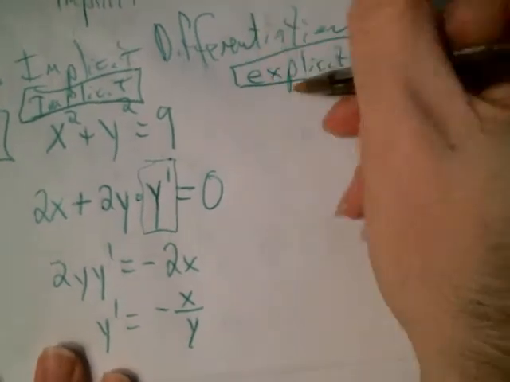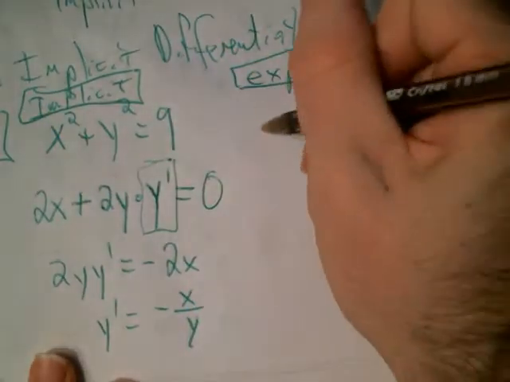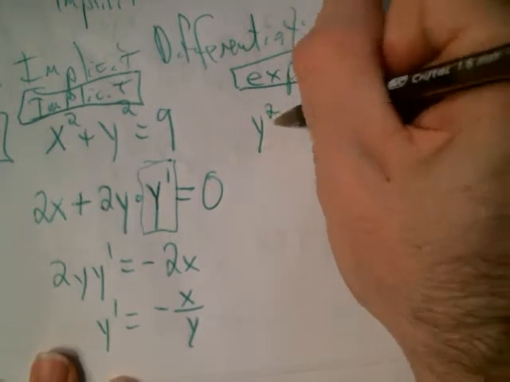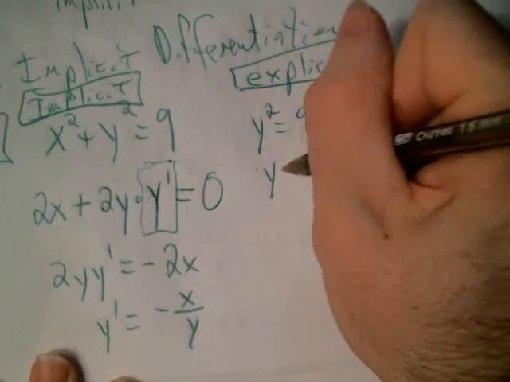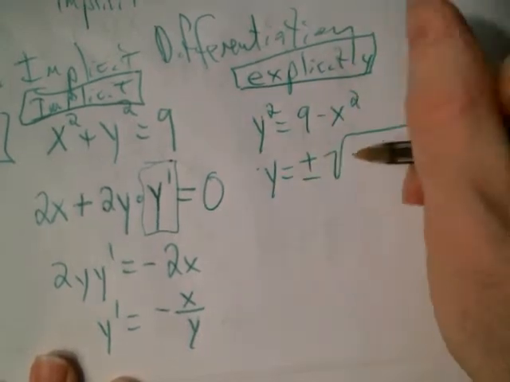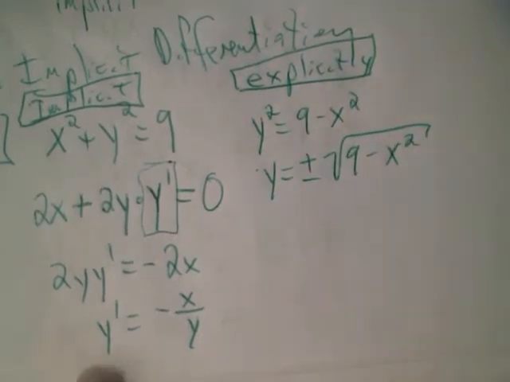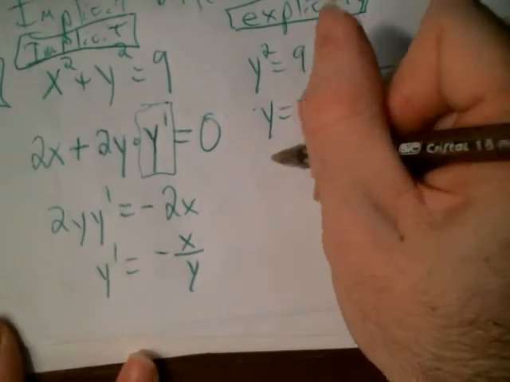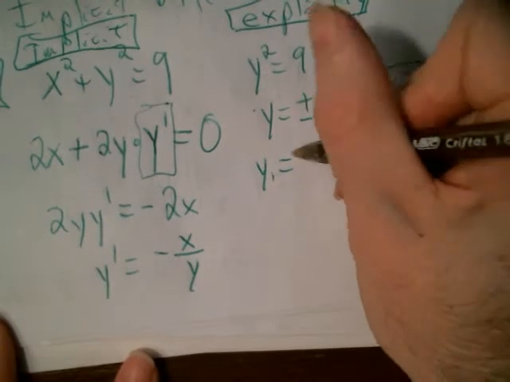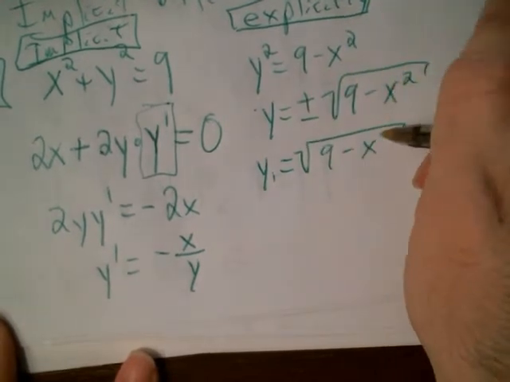You can solve for this explicitly. You'd say y squared is 9 minus x squared, and then y is plus or minus square root of 9 minus x squared. So you have two functions, and one is y1 equals positive square root of 9 minus x squared.